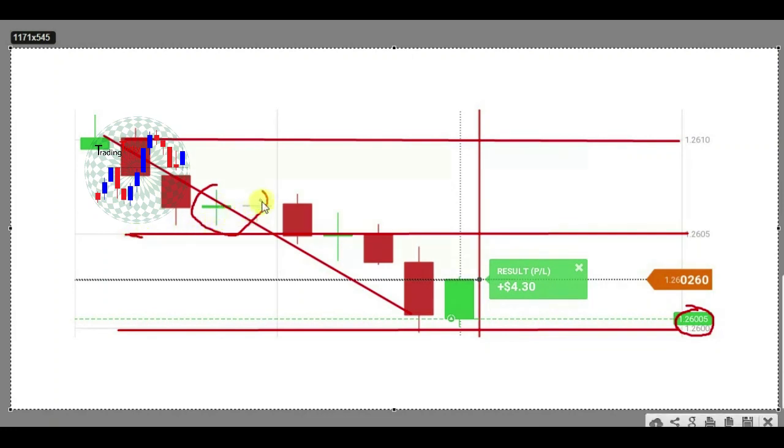Buyers are trying, but when sellers saw that, still there are no buyers. It means buyers are not enough to make a buyers' candle here. That's the reason we can see sellers' entry, but now the candle closes at the round number.